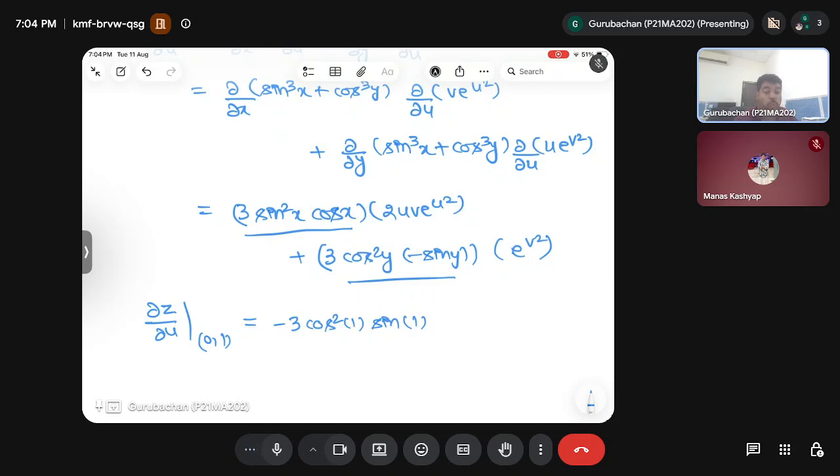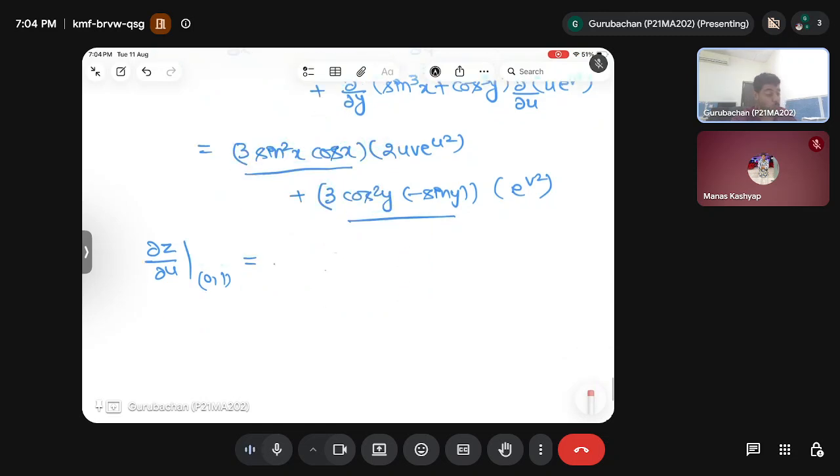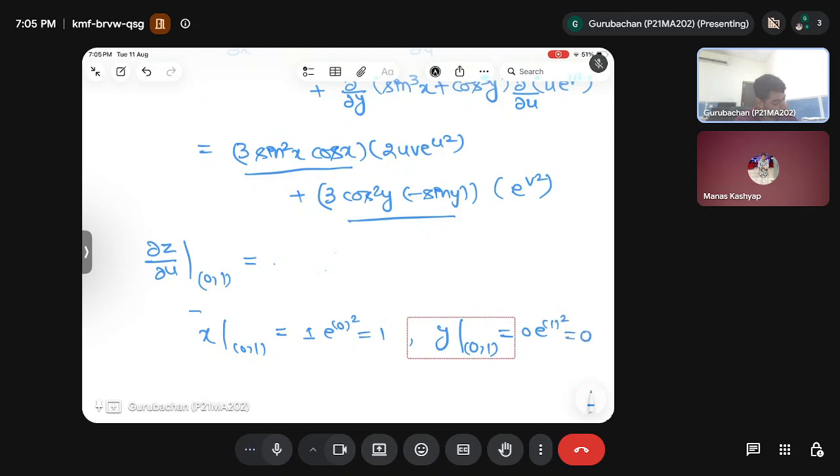Sorry, here u and v is 1, so we cannot substitute in this way. First of all, we need to calculate what is the value of x at u and v. What is the value of x at 0, 1? It will be 1 into e to the power 0 square, that means this is 1. Y at 0, 1, so this will be 0 e to the power 1 square, 0.